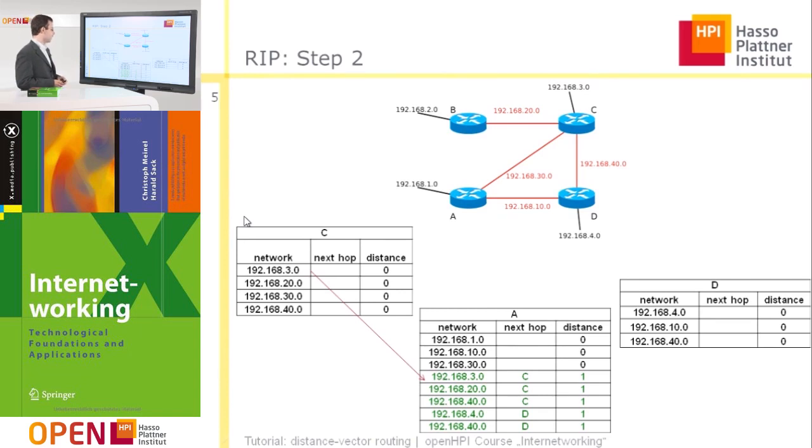So the router A will receive the routing table of the router C, and will start adding the routers to its own routing table.